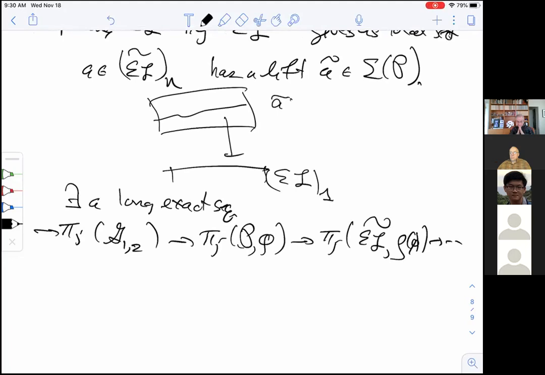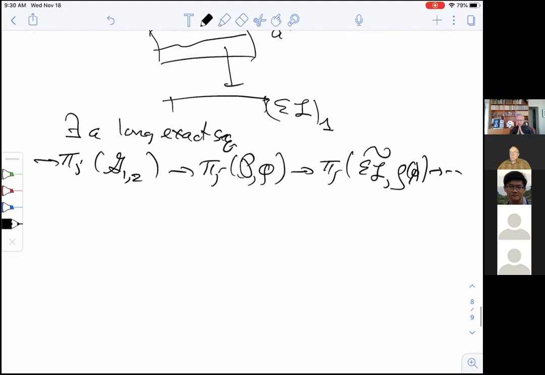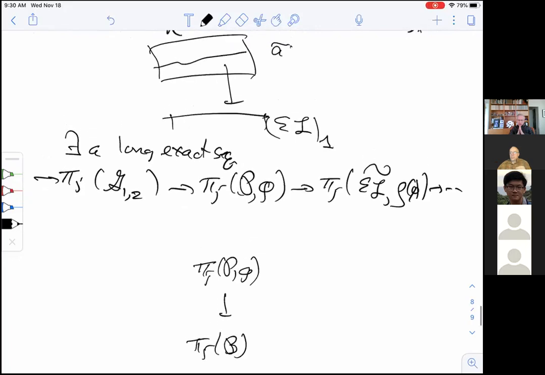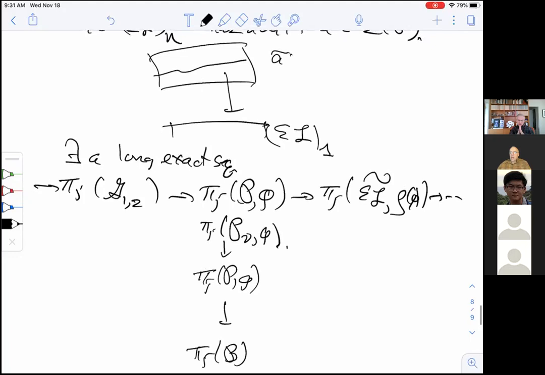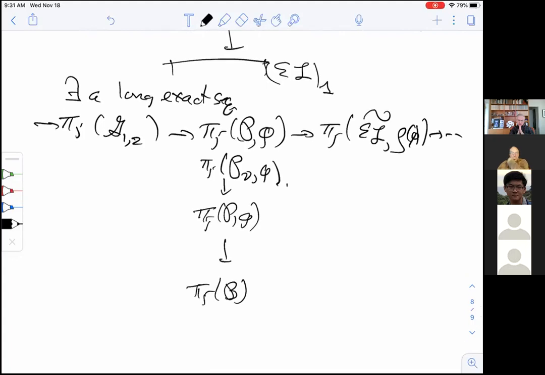So you get an exact sequence like that, and you compare it to the exact sequence pi j of P phi down to pi j of B. This is a fibration, so I don't have to do any of this fancy stuff. And the fiber here is P. These are the embeddings that give the disk.